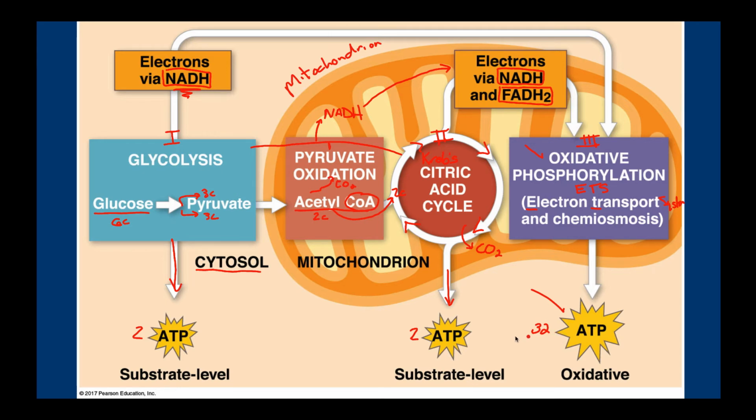Okay? Now, the way that the ATP gets produced is quite different. Okay? During glycolysis and the Krebs cycle, the way that we're going to produce ATP is through something called substrate level phosphorylation. And the way that we're going to produce ATP during the electron transport system or oxidative phosphorylation is going to be called just that, oxidative phosphorylation.